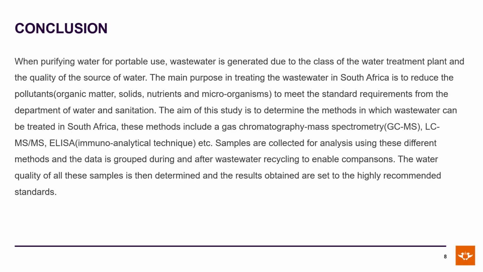The wastewater that we obtain from our daily activities and from industries must be well treated in treatment systems in order to reduce pollution. The main purpose in treating the wastewater in South Africa is to reduce pollutants in order to meet the standard requirements from the Department of Water and Sanitation.